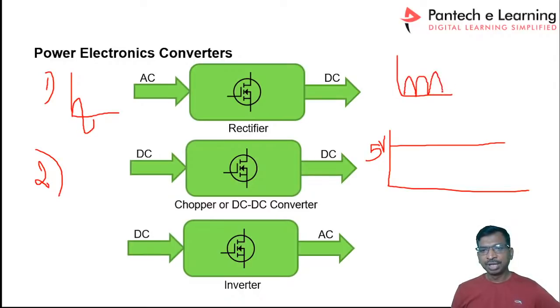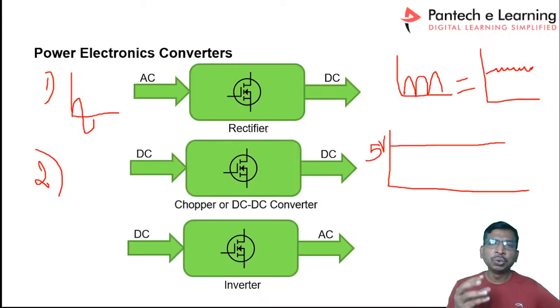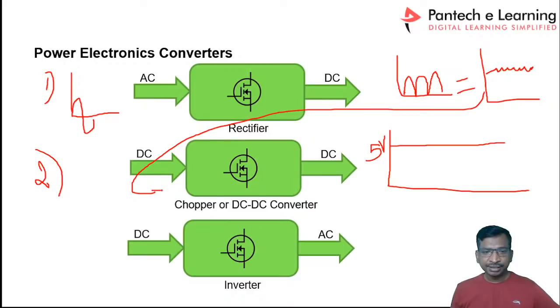And if you apply a filter, it will be smoother. Generally this rectifier will have a huge voltage ripple on the output side. To avoid that ripple on the output side, we are using the DC to DC converter or chopper, right? If you apply the same voltage here, then we can get a pure DC voltage.